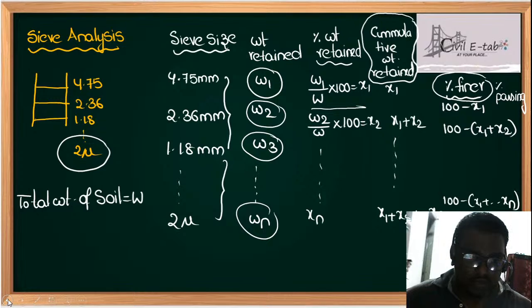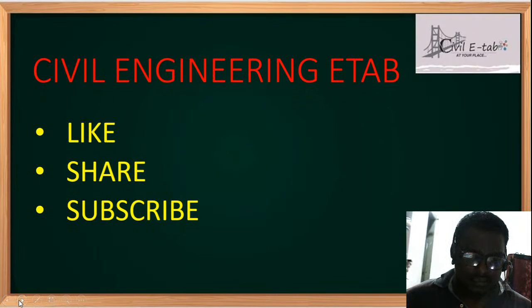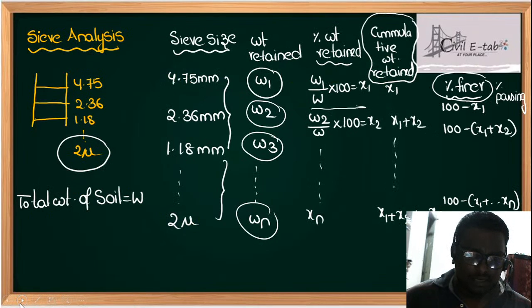This is what you have done in sieve analysis. Next, what I want to tell you is, both sieve analysis as well as relative density, both are useful for what, students? Both are useful for soil classification. This is very important.